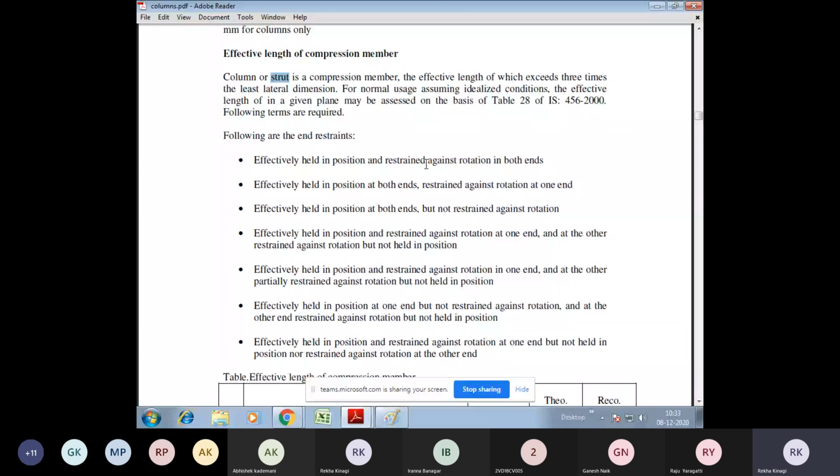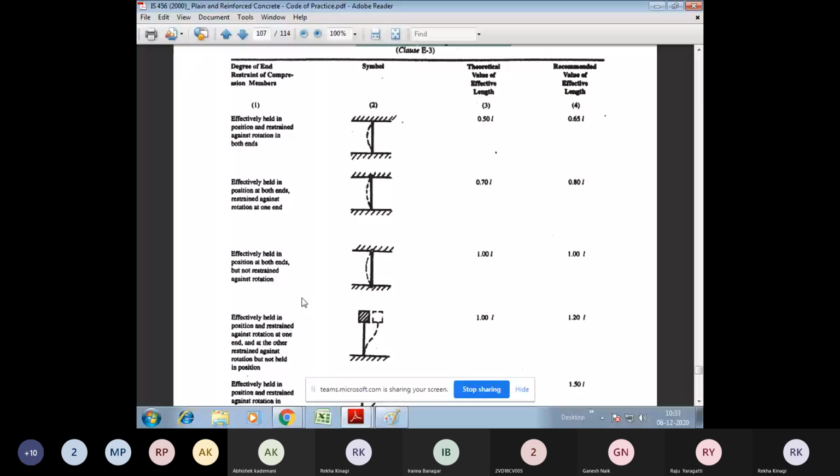Effectively held in position at both ends and restrained against rotation at one end. Effectively held in position at both ends but not restrained against rotation. Effectively held in position and restrained against rotation at one end, and the other restrained against rotation but not held in position. Similarly, we can have others here also.